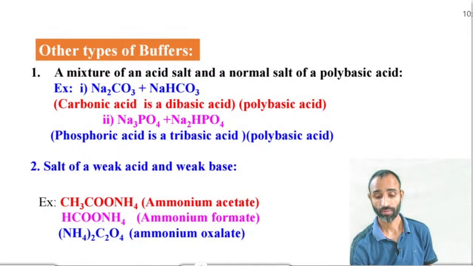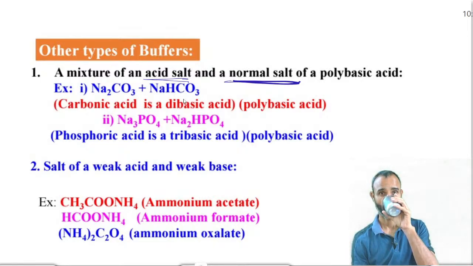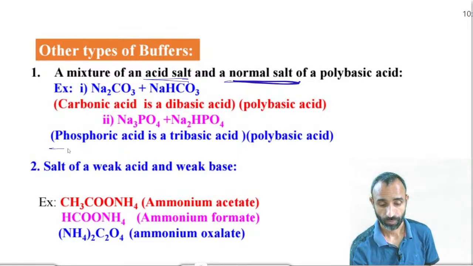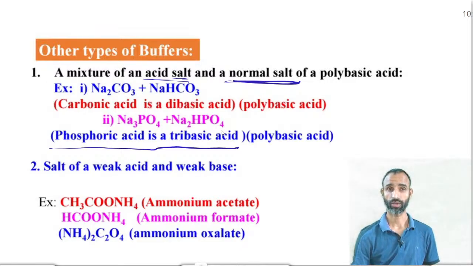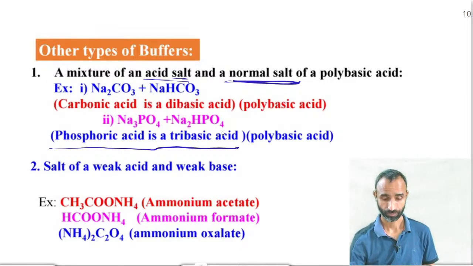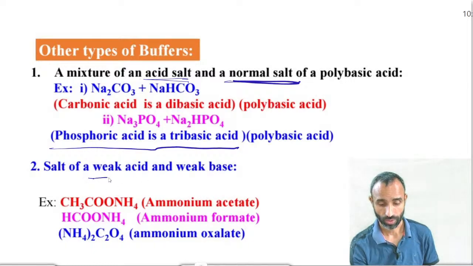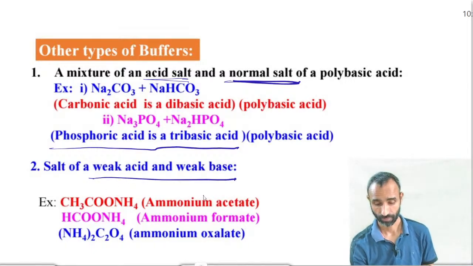Other types are a mixture of an acid salt and a normal salt. Na2CO3 and NaHCO3, both are salts. Phosphoric acid, a tribasic acid, so Na3PO4 and Na2HPO4 are also buffers. Salts of both a weak acid and a weak base also behave as buffer: ammonium acetate, ammonium formate, ammonium oxalate.